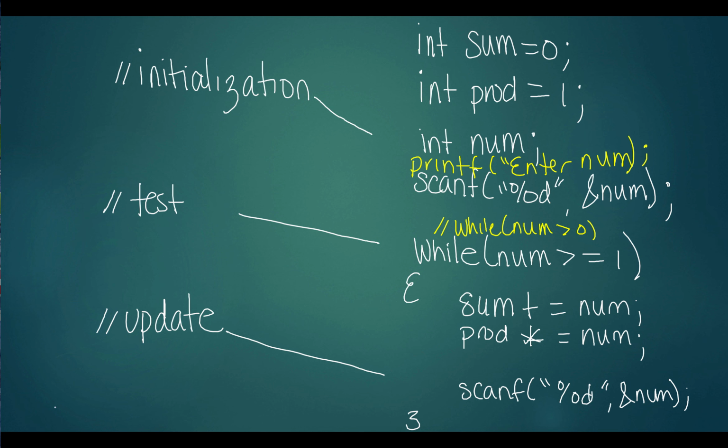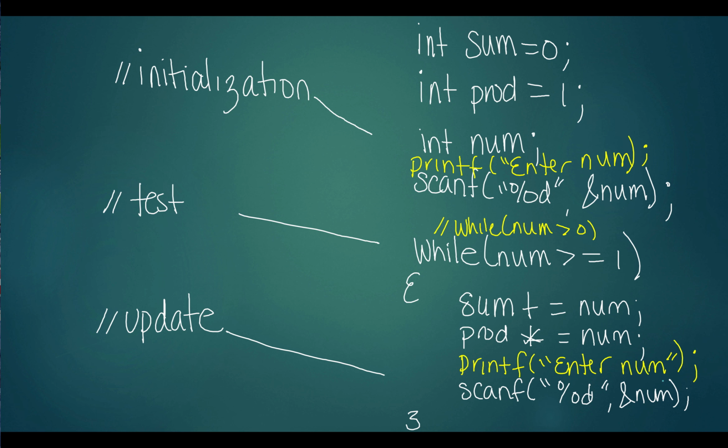And of course, we're going to need to prompt the user. Now you can see by the way that this is set up, a while loop is a much better choice for this kind of loop.